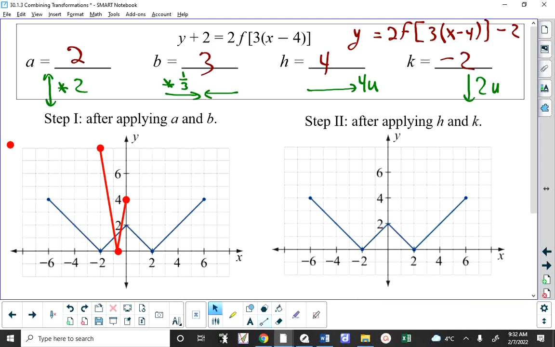Moving on to the next point, a vertical stretch by a factor of 2 of any point on the x-axis is not going to change its position. It's not going to get further or closer away from the x-axis. But the horizontal stretch by a factor of 1/3, we'll take that horizontal distance of 2 and multiply it by 1/3, giving us 2/3.